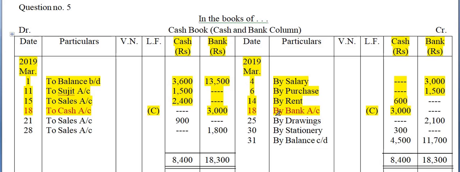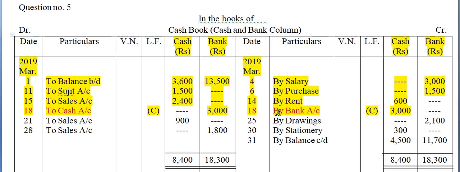And this can happen only in two situations or conditions. Number one, when you deposit cash into the bank, or when you withdraw money out of bank for office use. So these are the only two conditions.